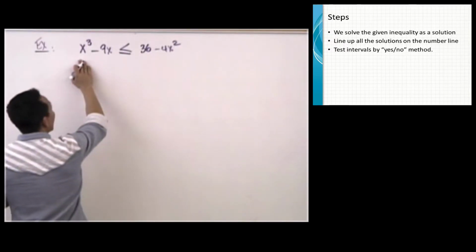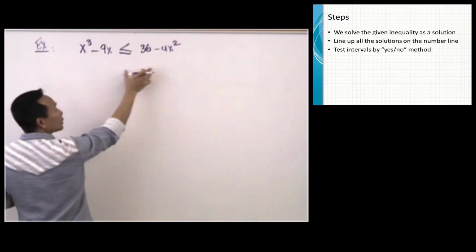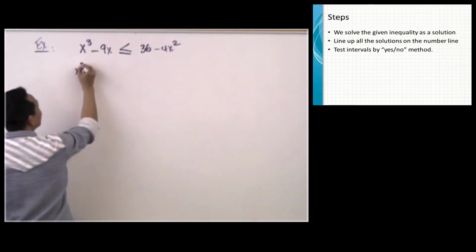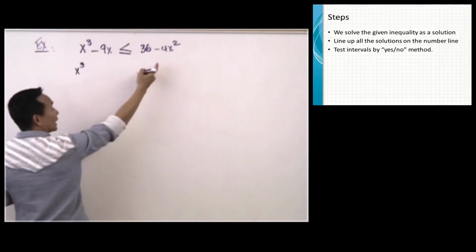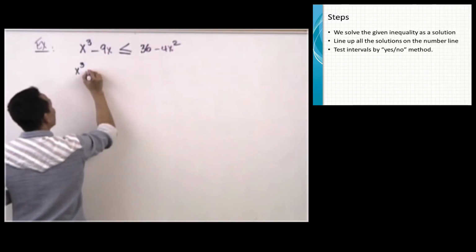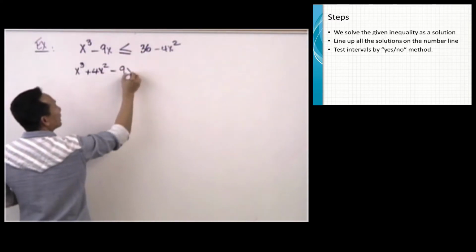First, I have this given inequality. I am going to rearrange all terms to one side. So I have x to the third power, and the next term, the negative 4x squared, bring over positive 4x squared. Then the next one is negative 9x.